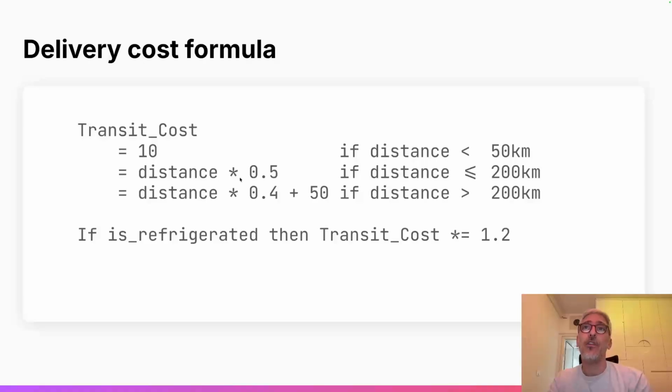If the travel distance is more than 50 kilometers but less than or equal to 200 kilometers, it's going to be half of the distance. Otherwise, it's going to be the distance times 0.4 plus 50.